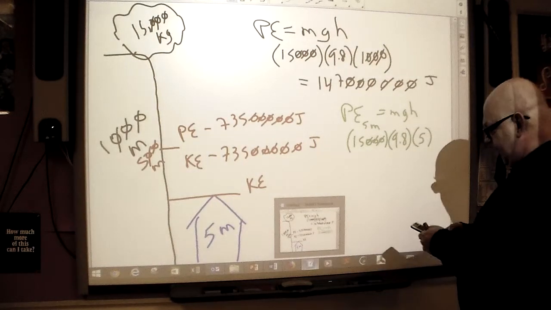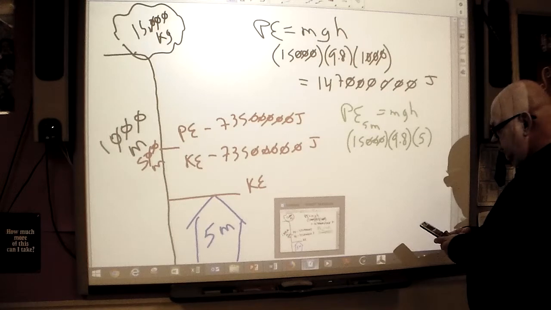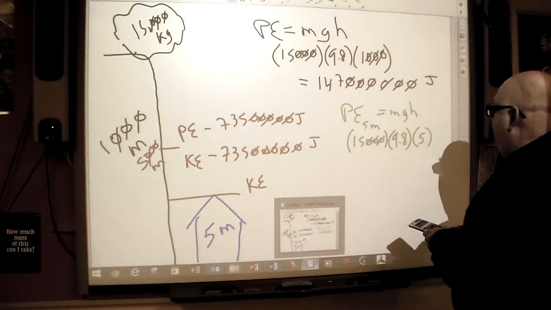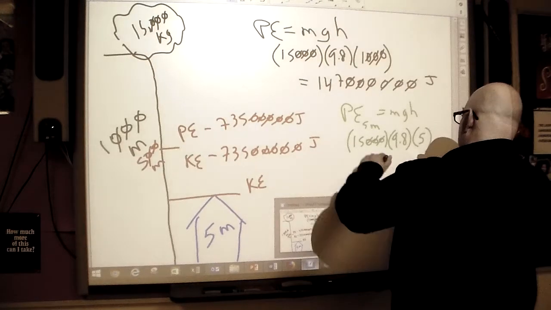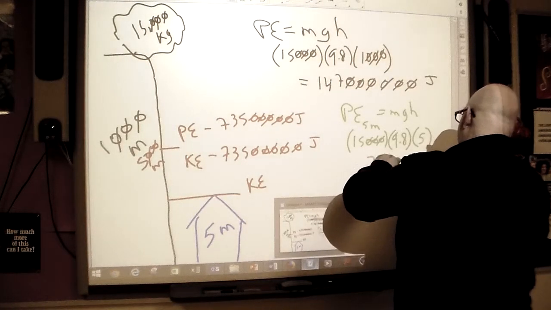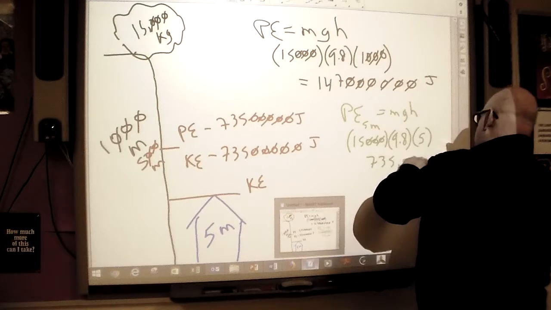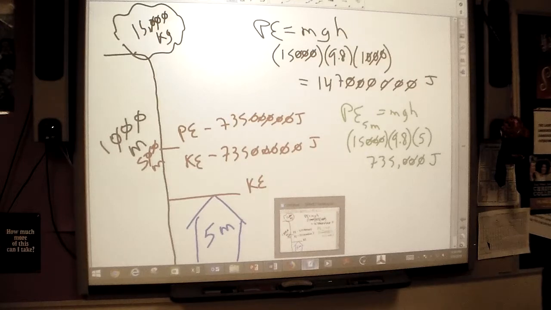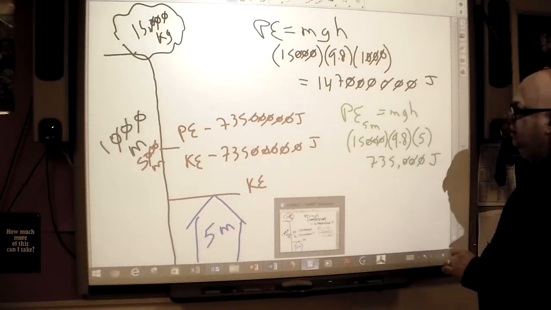So 15,000 times 9.8 times 5 meters. And we walk away with 735,000 joules of potential energy that is now left here.